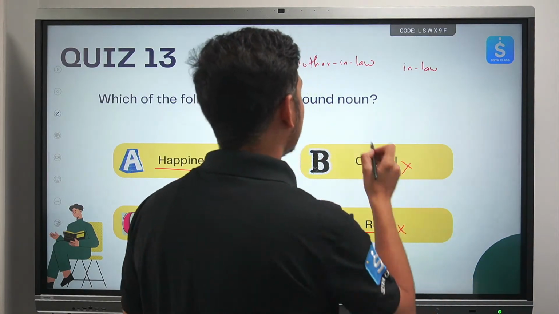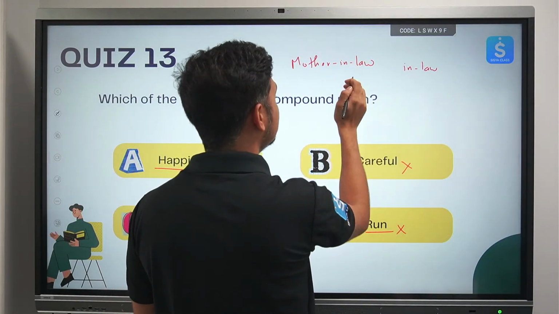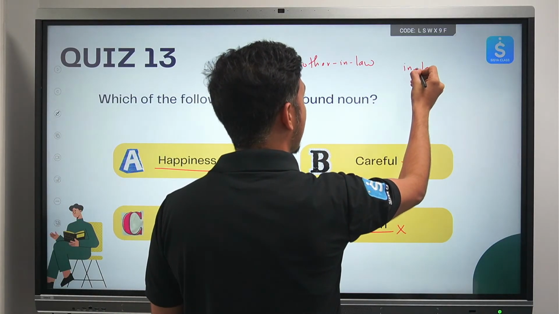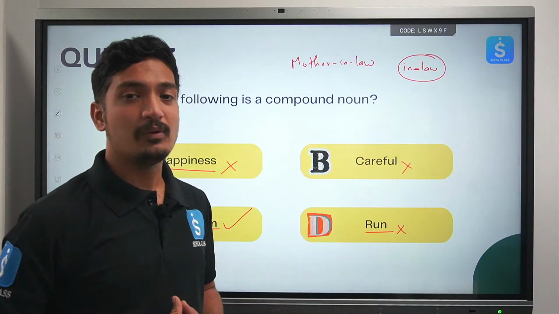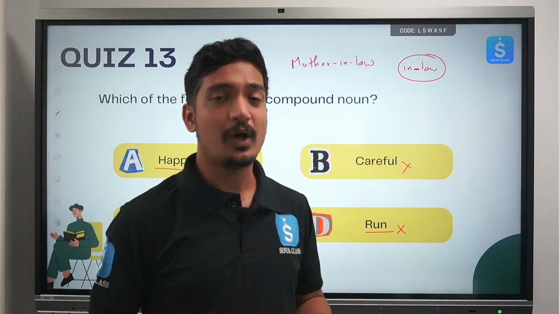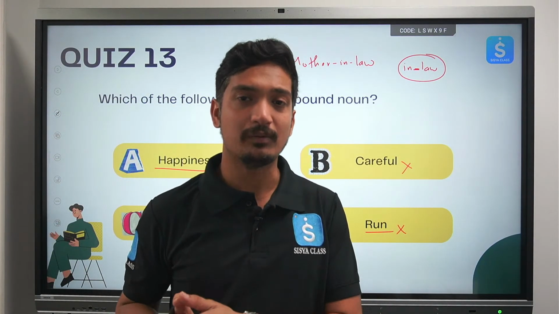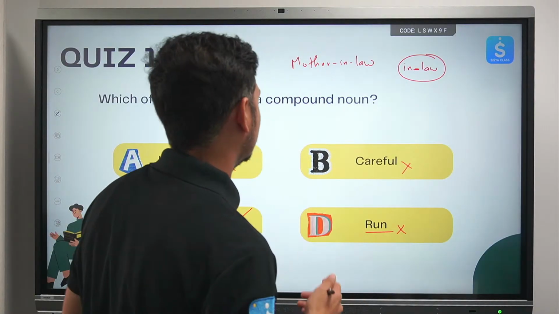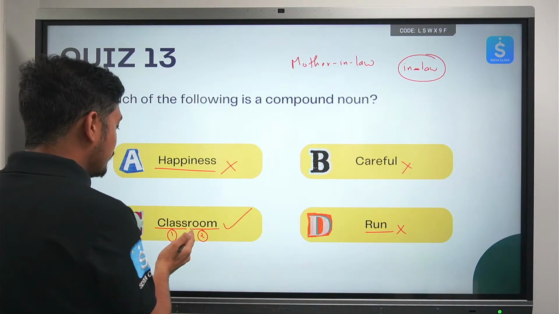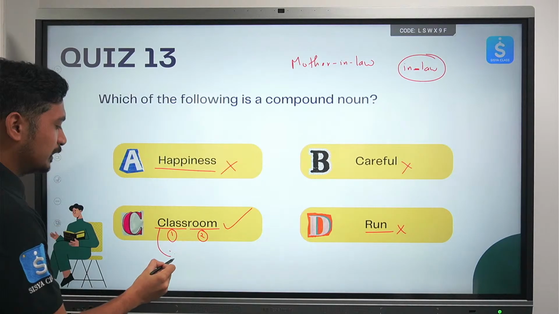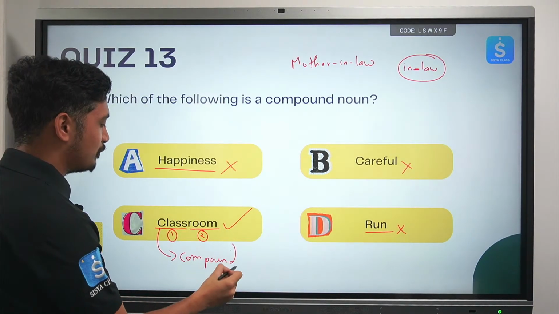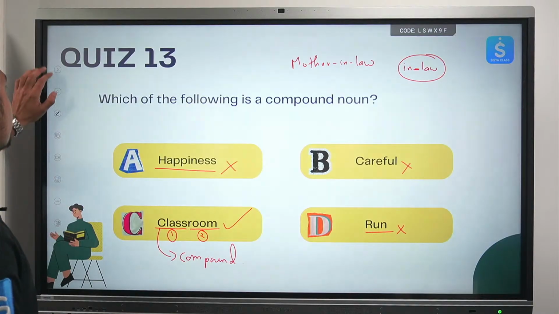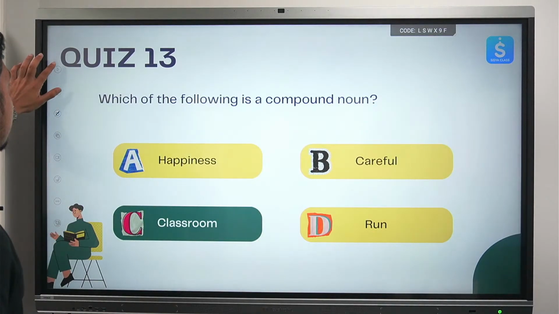Because when we write the separate words, we put a hyphen in it, right? And this hyphen will make these compound words or compound nouns hyphenated compound words. Okay, the other one is just a compound word. For example, the classroom, this is just a simple compound noun, that's it. Okay, classroom is the correct answer.